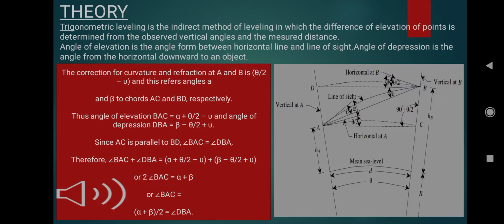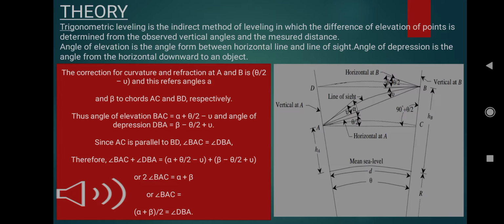Here it shows stations A and B whose height difference is to be established by reciprocal observation from A onto the signal at B and from B onto the signal at A. Vertical angles alpha, the angle of elevation, and beta, the angle of depression, are measured at A and B respectively. The refracted line of sight will be inclined to the direct line AB, and therefore the tangent to the refracted line of sight makes an angle nu with AB.